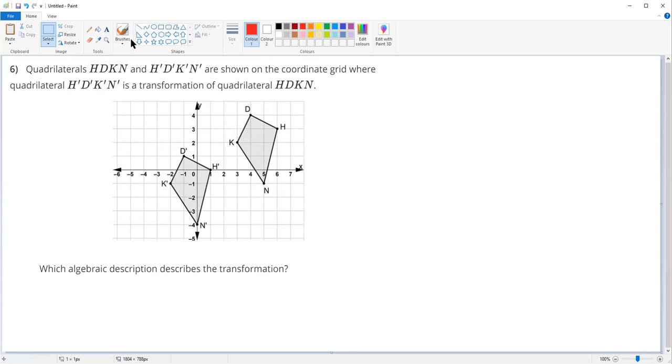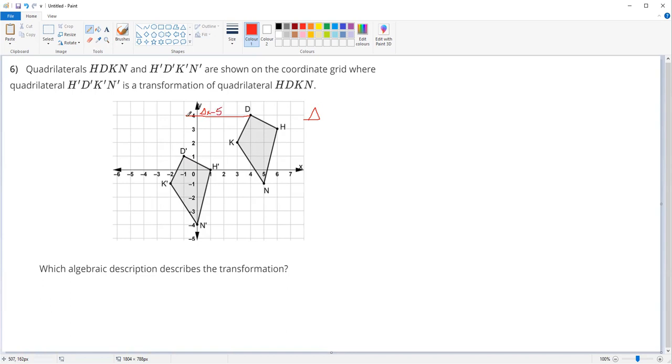You can coordinate count and go my change in x is 1, 2, 3, 4, 5. My delta x is to the left, so it's -5.